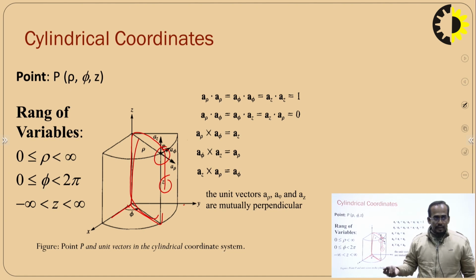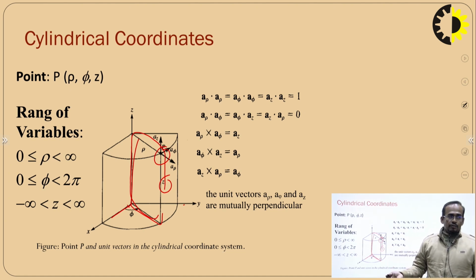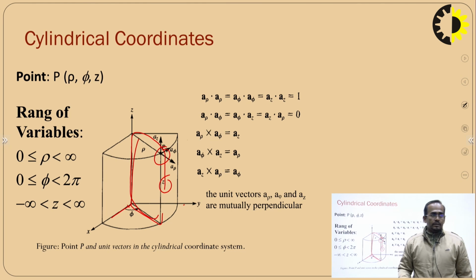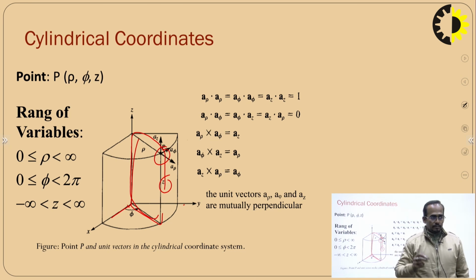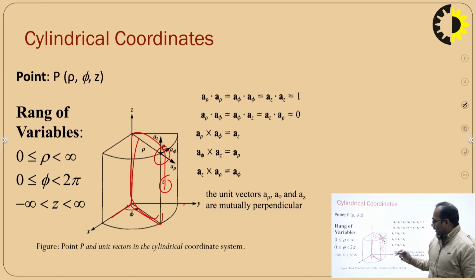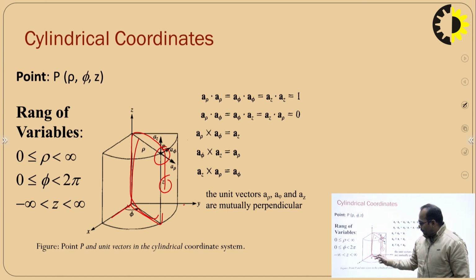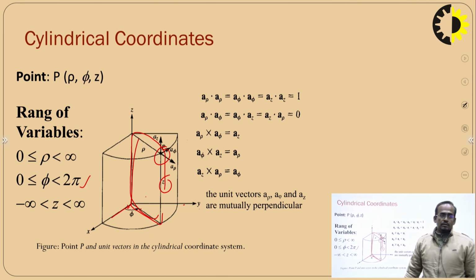So from here we can get the range of the coordinates or variables rho, phi and z in the cylindrical coordinate system. You can see that phi can vary from 0 to 2 pi for making a circle or a cylinder. If I vary phi from 0 to 2 pi, then I will get a cylinder. And what will be the height of this cylinder?